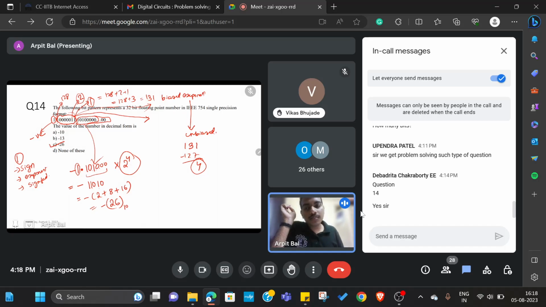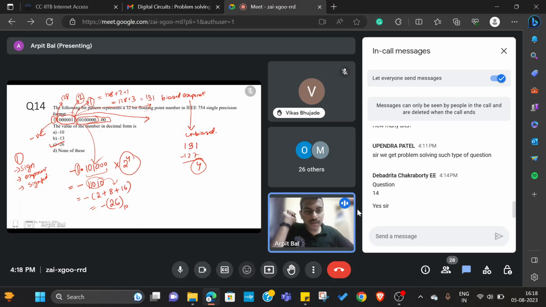Multiplication with 2 to the power n means shifting the decimal point towards the right by n positions. So I moved it to the right by 4 positions. What I obtain is 11010, and when I convert this number into decimal, the value is minus 26.